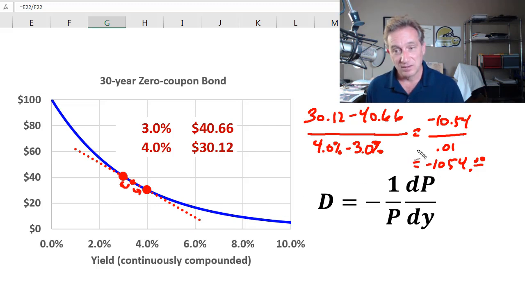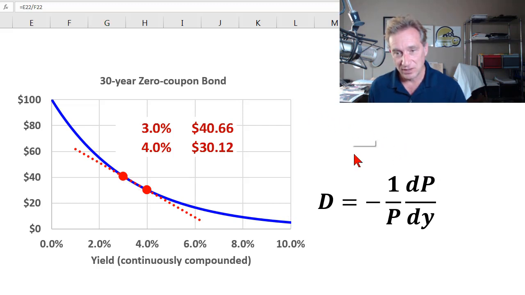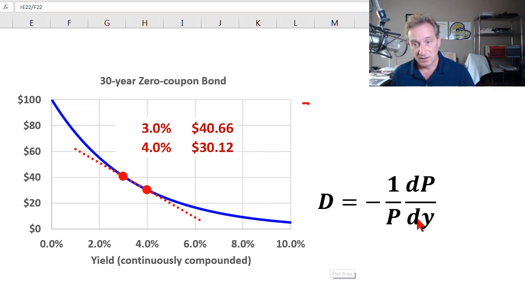But again, the point there is that that's the slope of the line, that's the dollar duration, and then per our formula, we need to divide that by the price to get the duration, or in this case, the effective duration, which is approximating the modified duration. So I'll just clean that up a little bit, and we know that our first derivative, change in price with respect to change in yield, is negative 1,054.